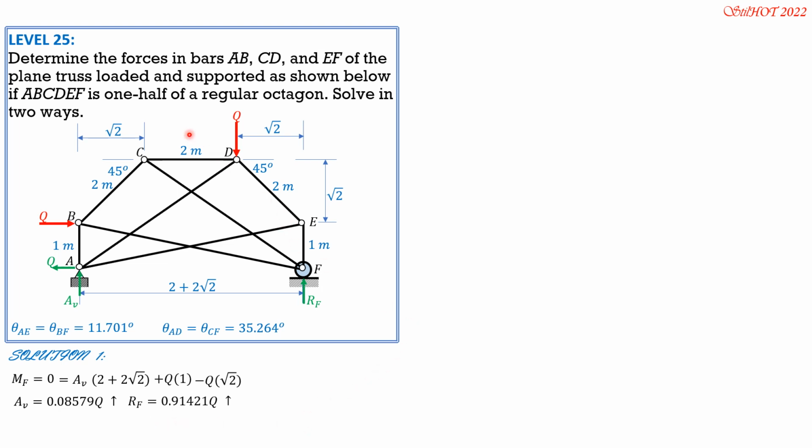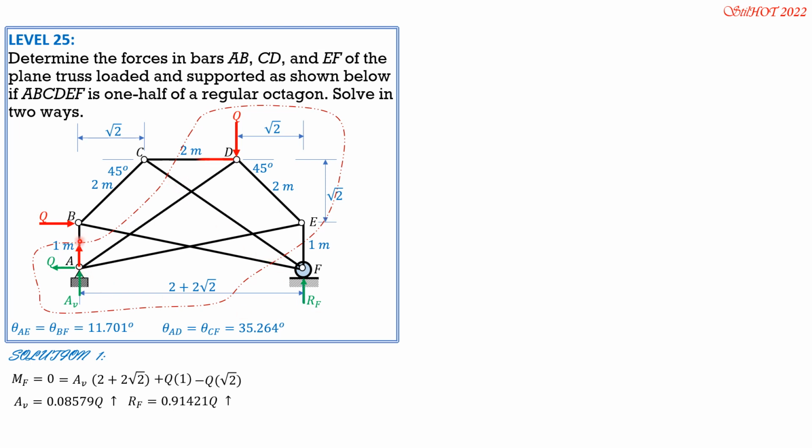Then we consider this sectioning as shown in the figure, and we involve forces inside this section. So AV is involved, Q is involved, and FAB, FCD, and FEF are involved, all these unknowns here. And there are members that are cut twice, so it doesn't matter because they are cut twice.